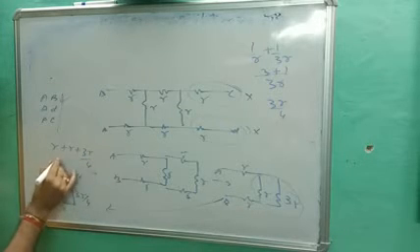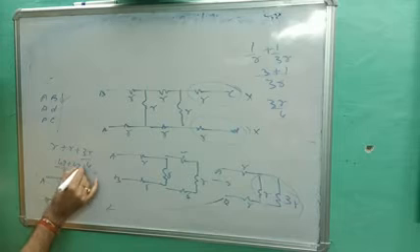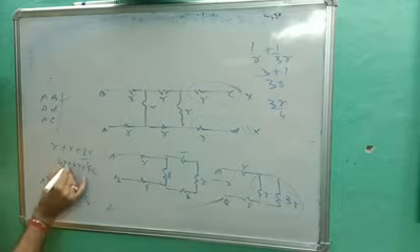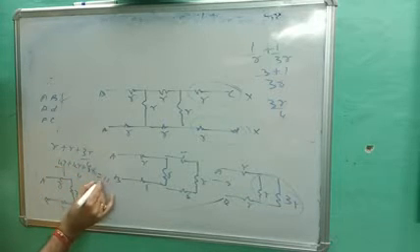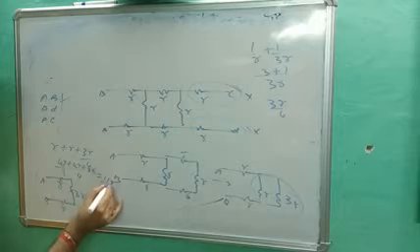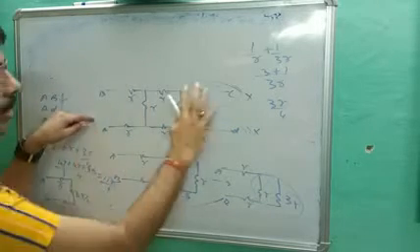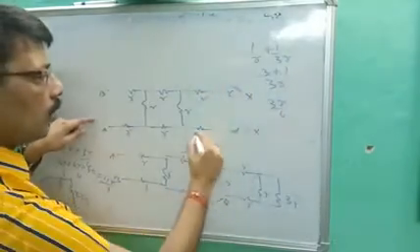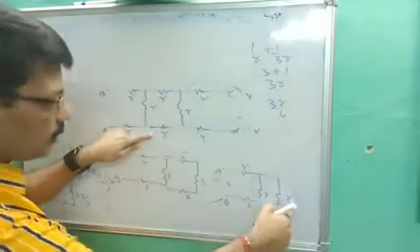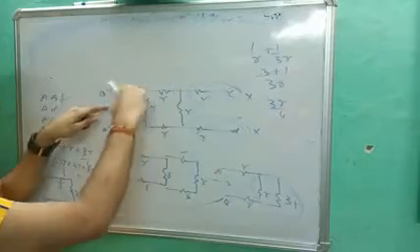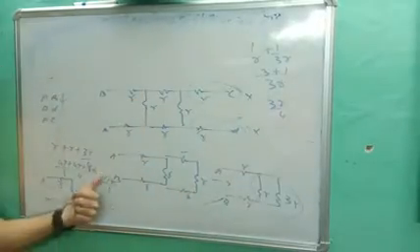It becomes 4R plus 3R, so it becomes 11R by 4. So the answer is 11R by 4. Once again, between A and B, C and D are in open circuit, so cancel out. 3 are in series, they are in parallel, then series, and you will get 11R by 4.